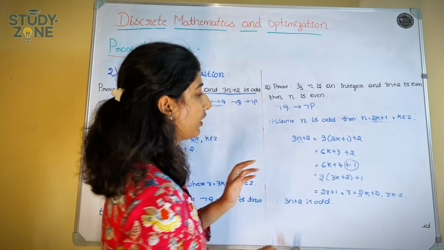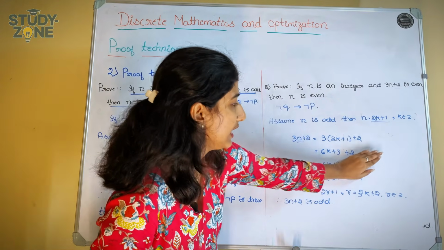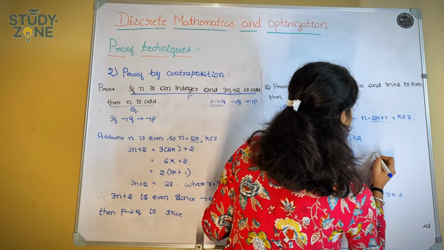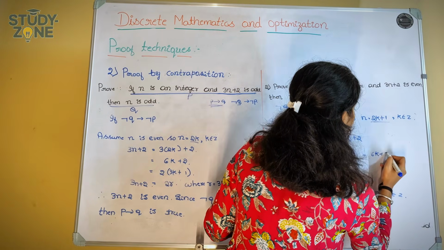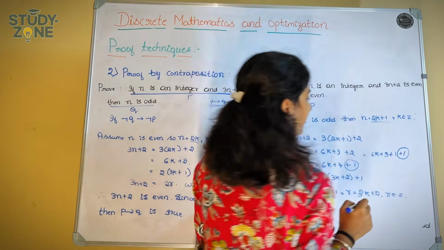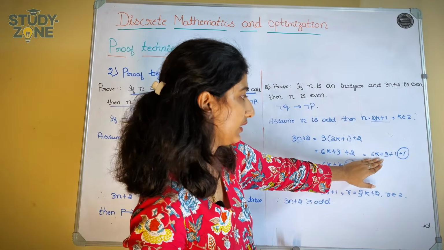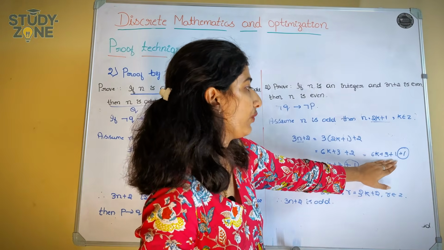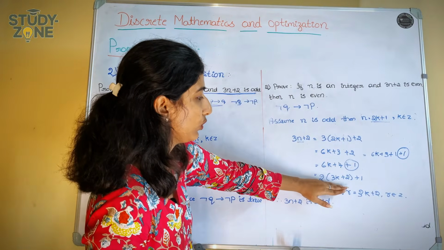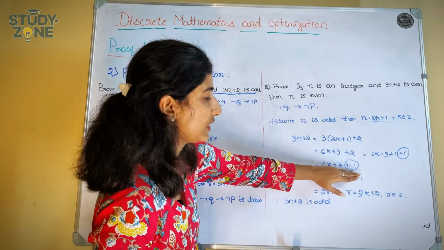So I am leaving this plus 1 here. I am writing this as 6k plus 3 plus 1 plus 1, leaving the 1 plus 1 as it is. So it will be 6k plus 4 plus 1.